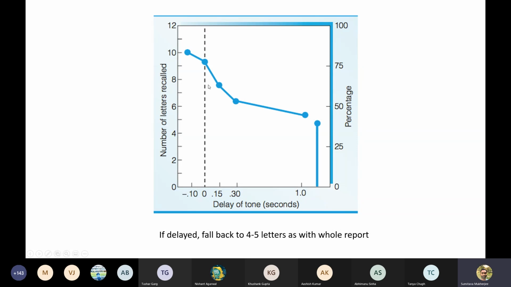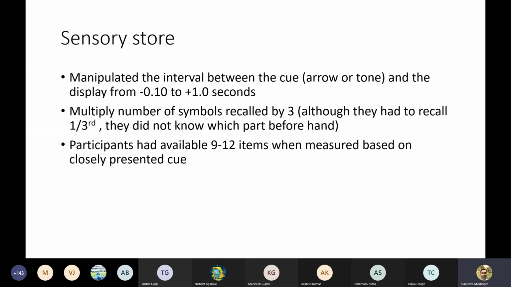But your question was something else. What was that? I'm sorry. My question is that on increasing time, the number of letters recalled should increase, but there is a reverse trend. No, you're not increasing time. You're increasing the delay.